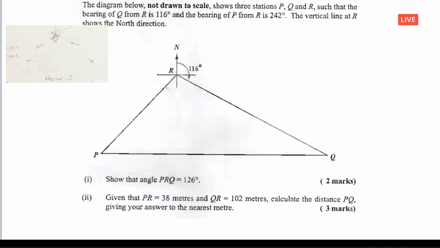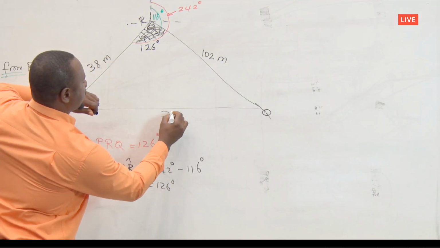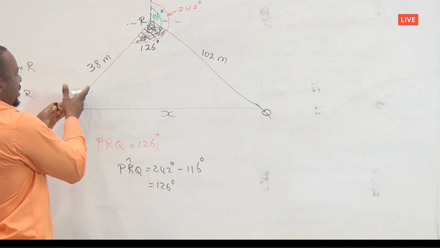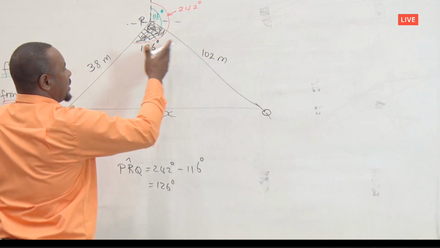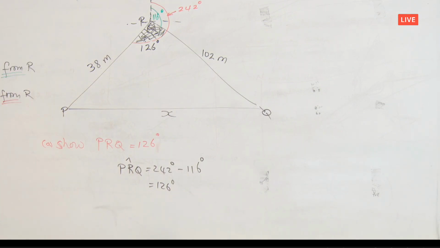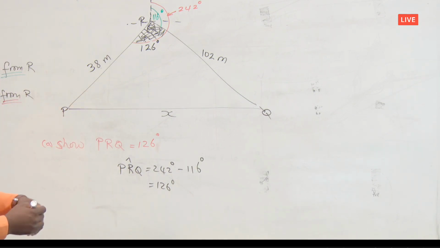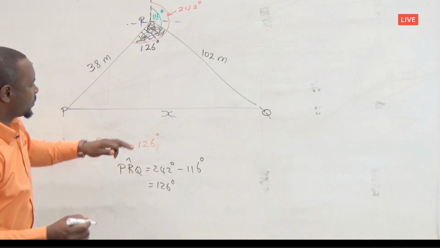If we were to use the sine rule, we must have an angle corresponding to a length. This angle corresponds to this length that we need to find. But we don't have another angle corresponding with a particular length. So we are going to end up with more than one unknown in that equation. So the only equation we can use is our cosine rule. And again, the cosine rule, you can quote it.